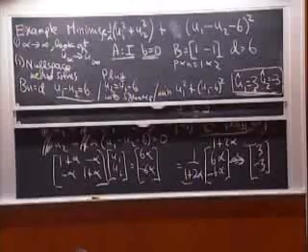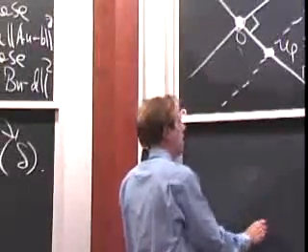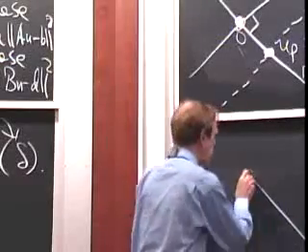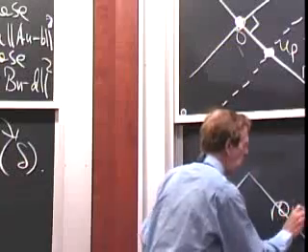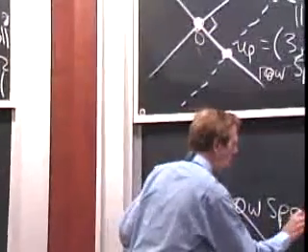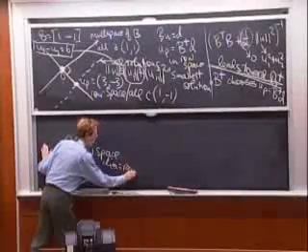Okay. So, here I was going to draw the picture. If I draw a row space, can I imagine this is a row space whose dimension is the rank of the matrix.